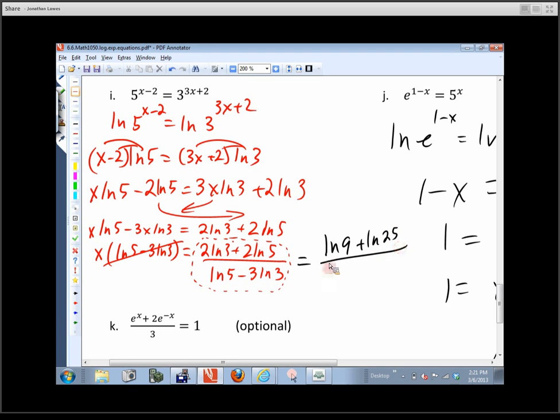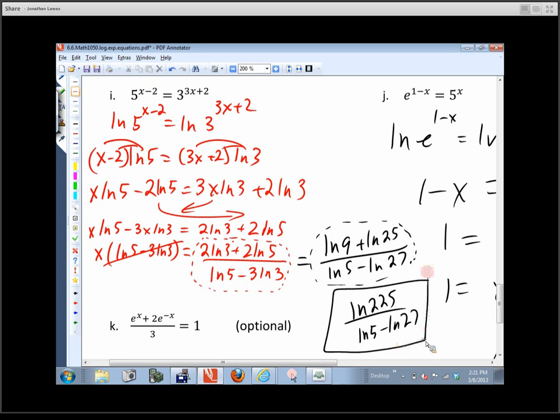And on the bottom, I'm going to write ln 5 minus the ln of 27. Now, I probably would not change this into division. I'd either leave this answer like this, or maybe write ln 225 divided by the ln of 5 minus the ln of 27. That probably would be the shortest way to write it.